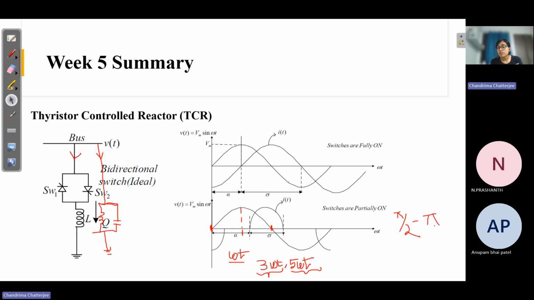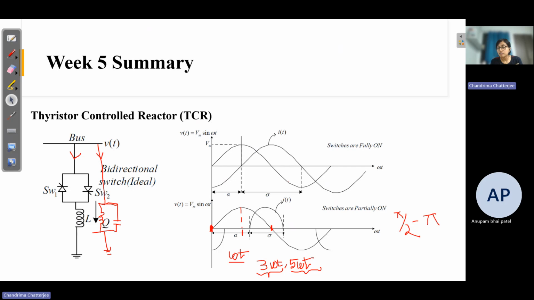This is when we are considering from the zero crossing of the voltage. But if you consider from the peak of the voltage, then the angle will vary from 0 to pi by 2. So it depends on from where you are counting the angle. If you are calculating it from zero crossing, then this varies from pi by 2 to pi.